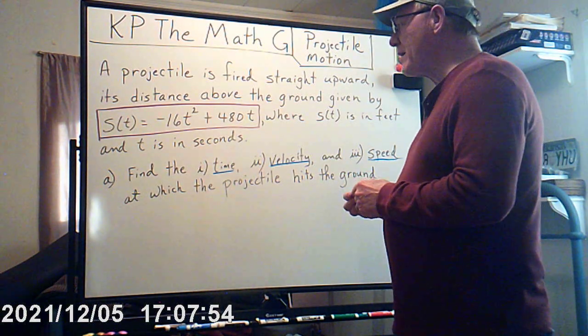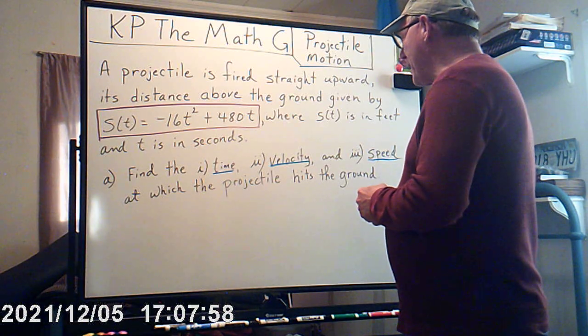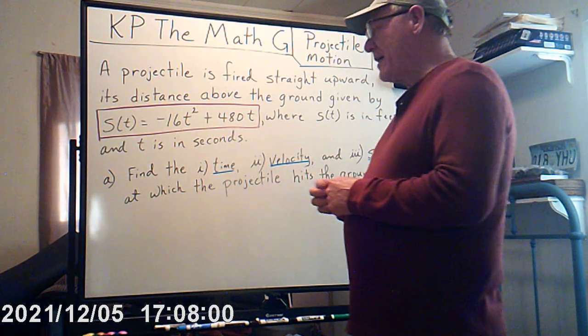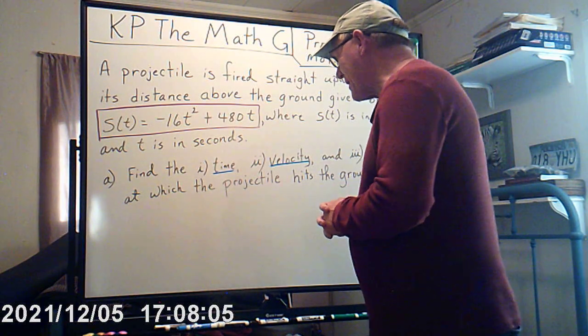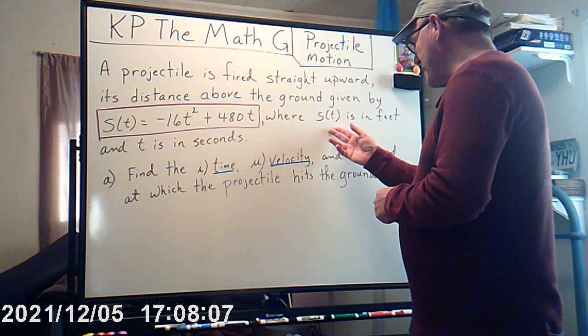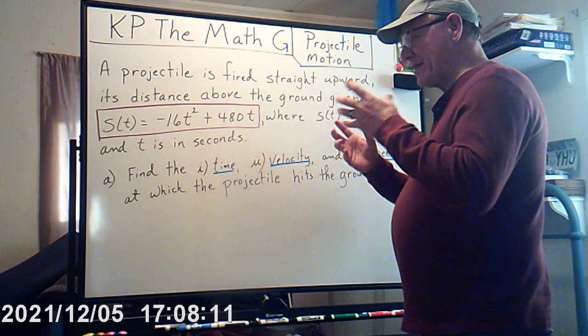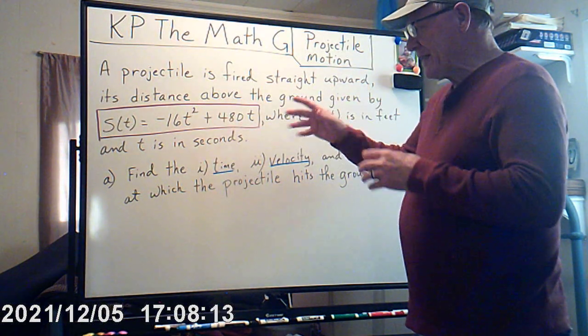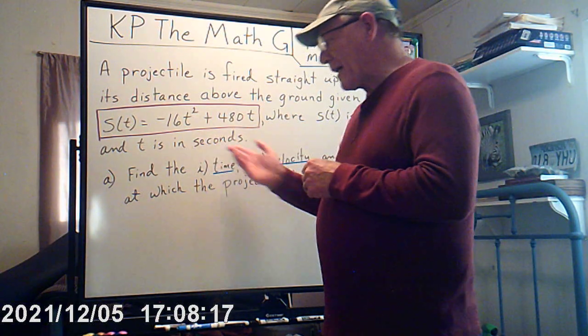A projectile is fired straight upward. Its distance above the ground is given by S(t) = -16t² + 48t, where S(t) is in feet and t is in seconds.